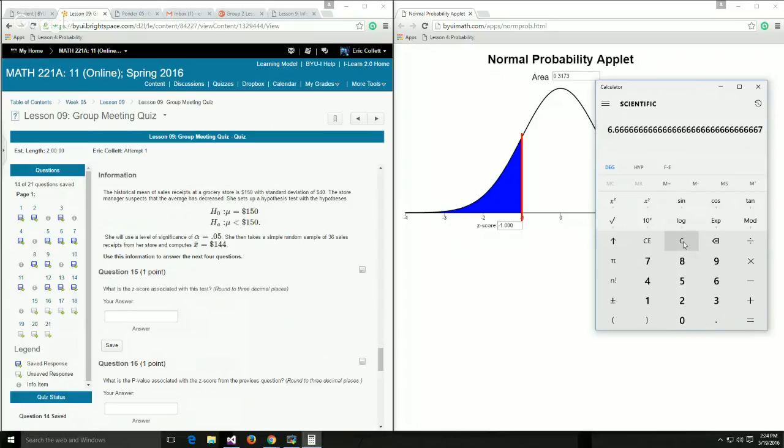Oh, wait, is it? No, I did that wrong. Or did I? Let's see. Yeah, I did that wrong. So I got negative 0.9.